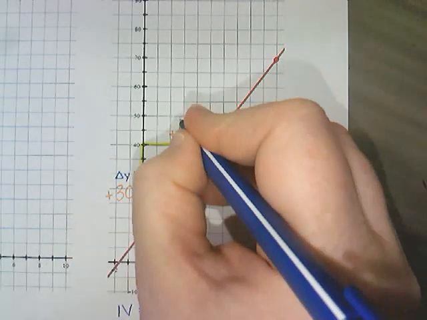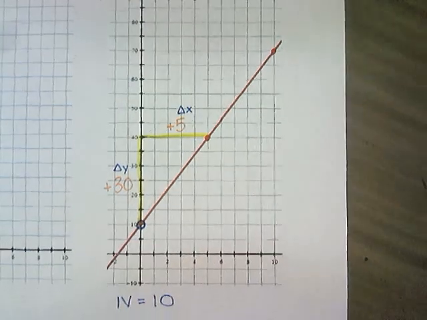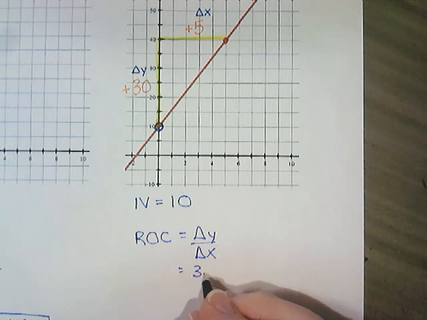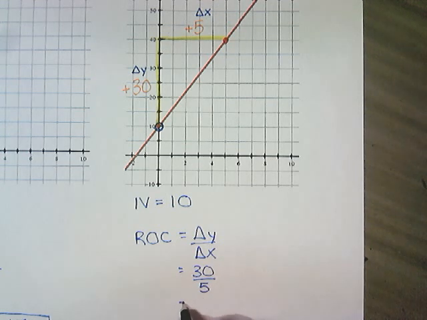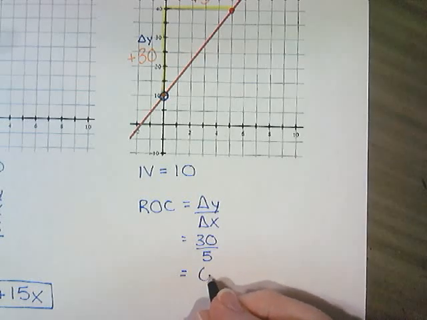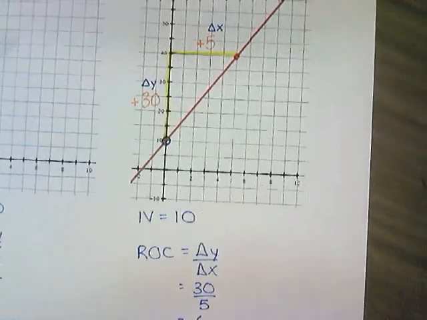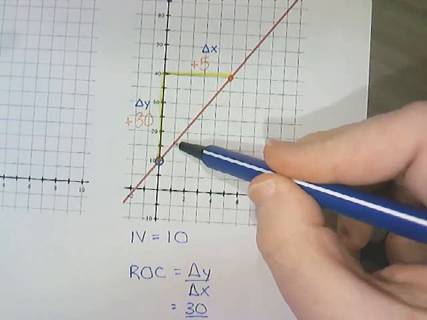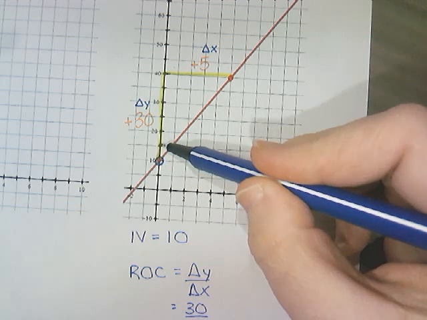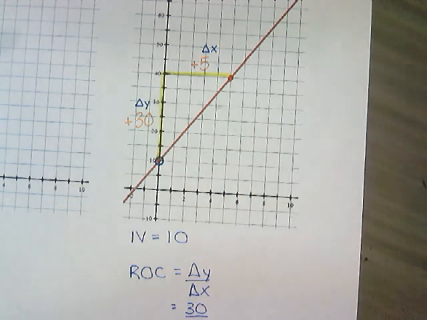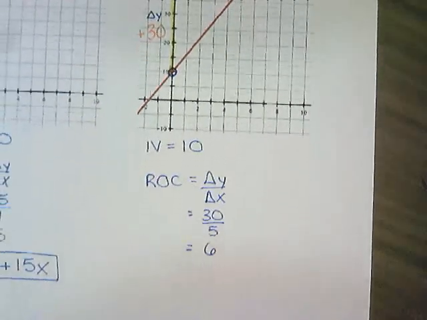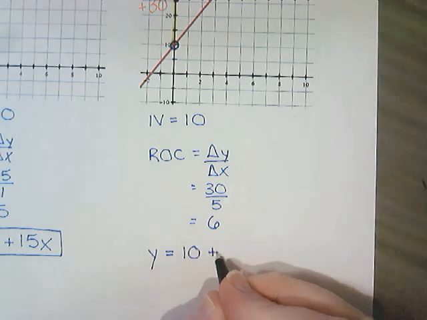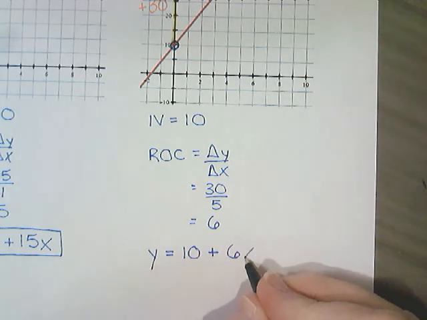This is the x-axis, so that's delta x. So we're going to do 30 divided by 5. 30 divided by 5 is 6. So my rate of change is 6, which is why it was close here, right? It looked like it was up 5 over 1, but it was a little off. So it makes sense that it's up 6 because that would have been pretty close, and then over 1. All right, then for my equation, y equals my initial value of 10 plus my rate of change of 6, times x.